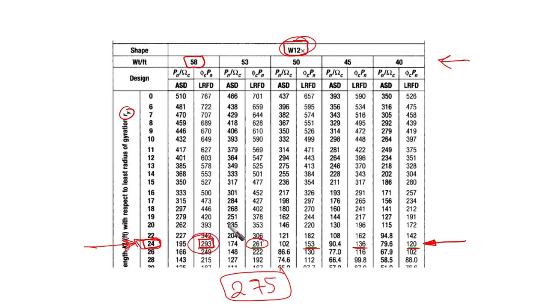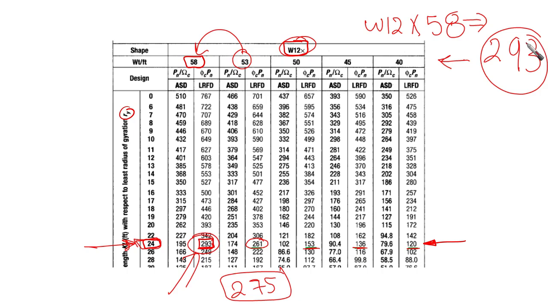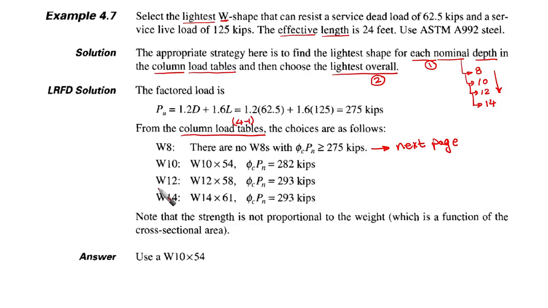Now the next shape is 293. So our wide flange 12 by 58 is going to provide for us this value, which is 293. Let's record this: W12 by 58 gives us available strength of 293.